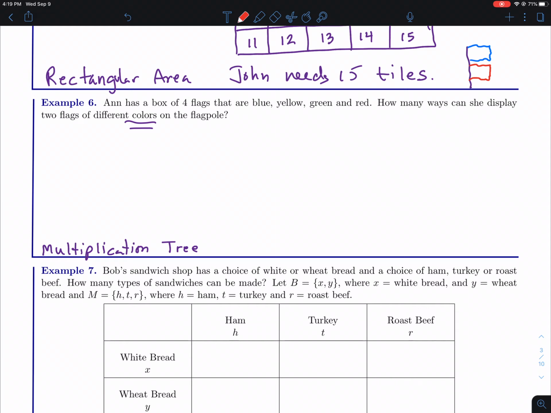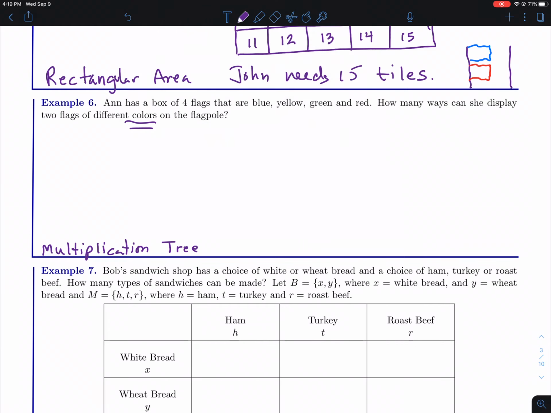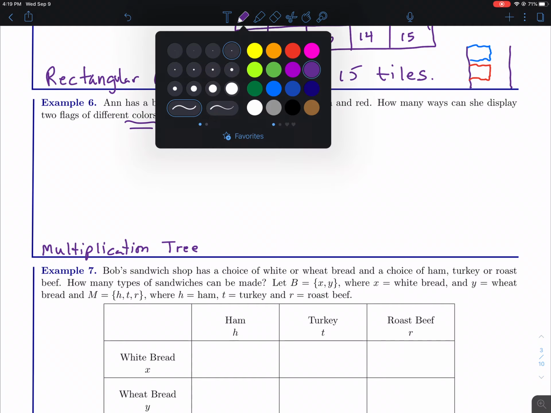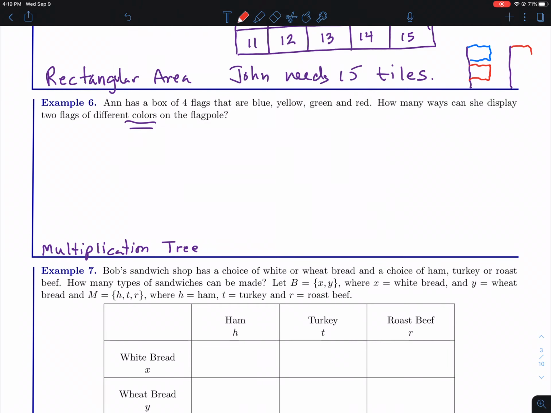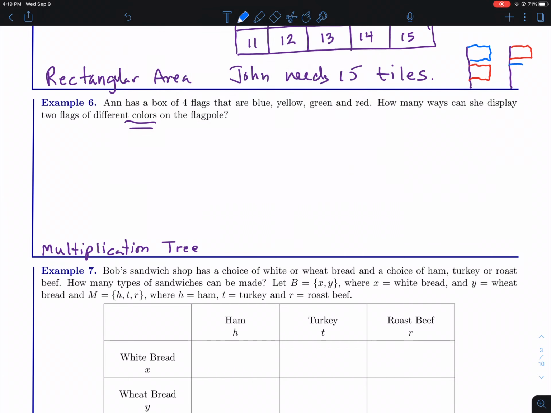Technically, that's going to be a different combination than if I do red on the top and then blue. So I want to be able to account for both of those.